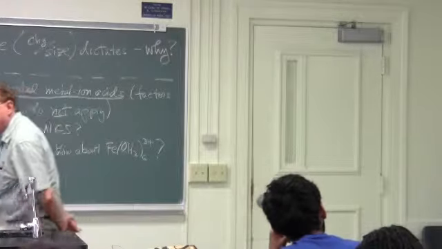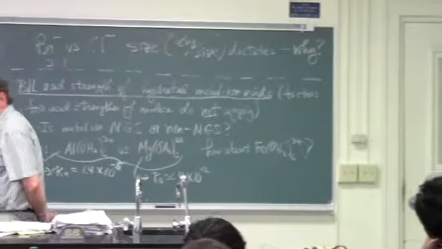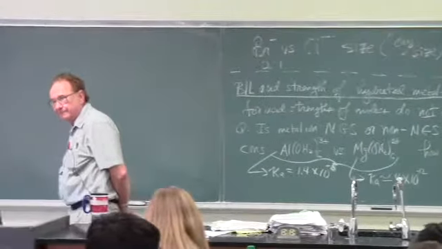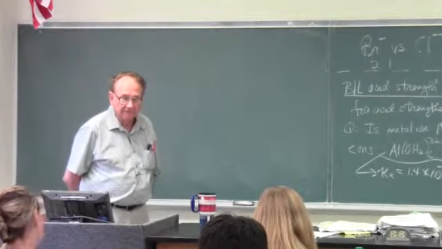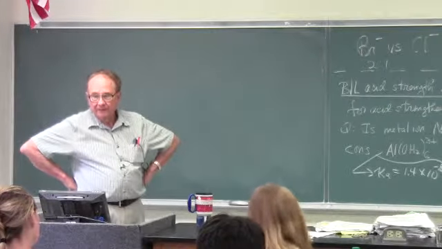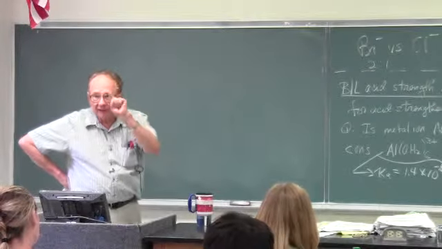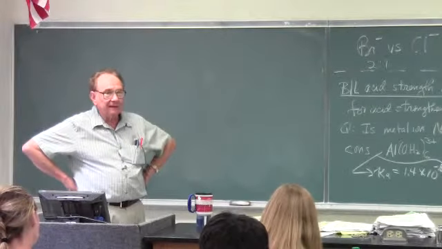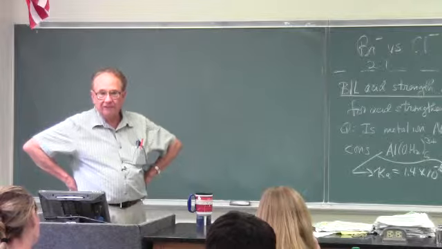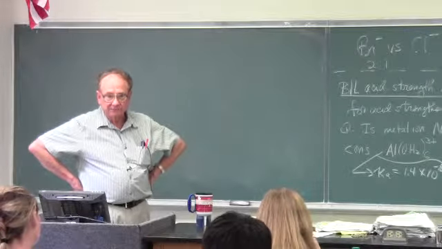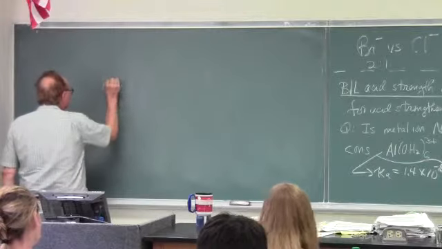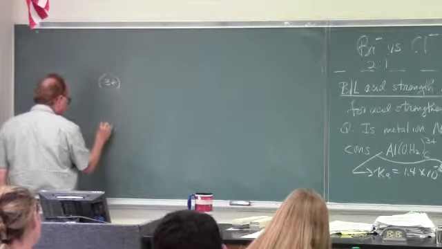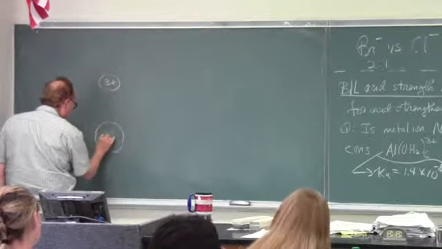All we have to do to establish a rationale for differences in Bronsted acid strengths of hydrated metal ions, which are noble gas structure, is pay attention to charge density of that metal ion. Aluminum ion versus, say, magnesium ion.